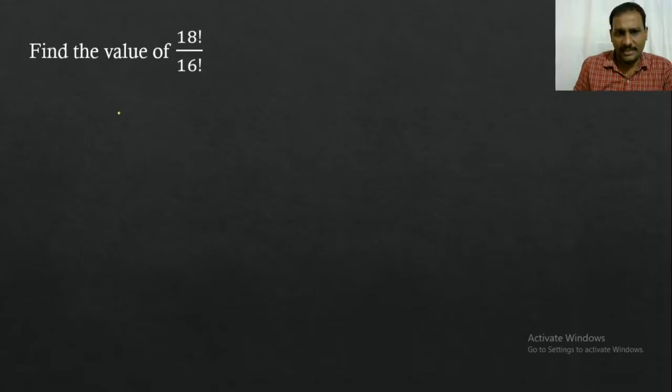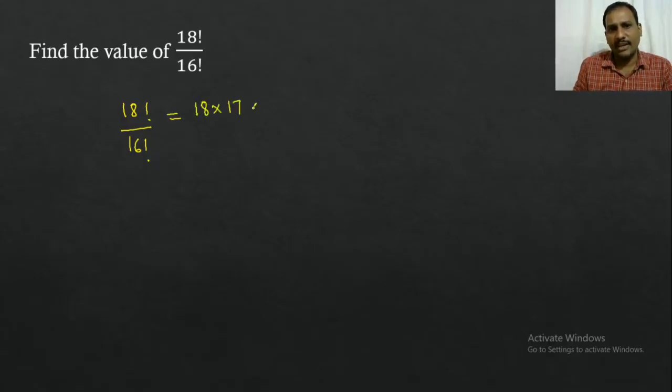Let us simplify this: 18 factorial by 16 factorial. 18 factorial can be written as 18 into 17 into 16 into 15 and so on up to 3 into 2 into 1, but I am writing it as 16 factorial. In the denominator also we have 16 factorial.